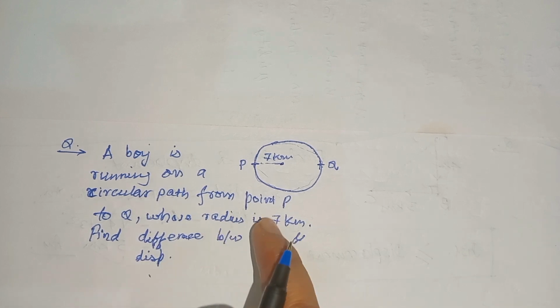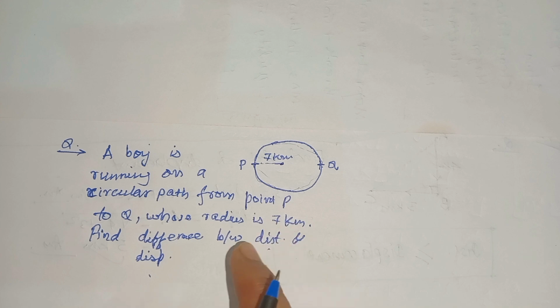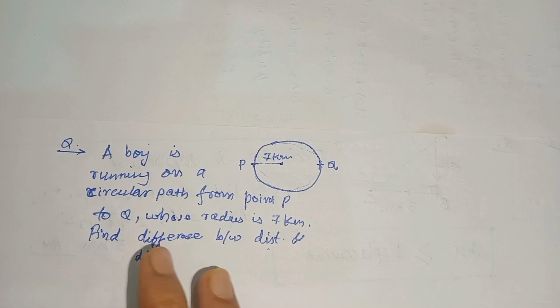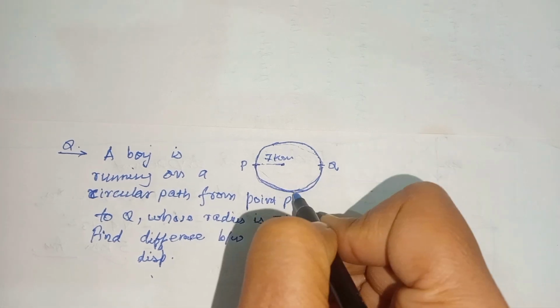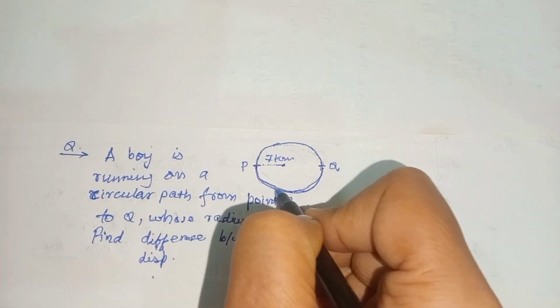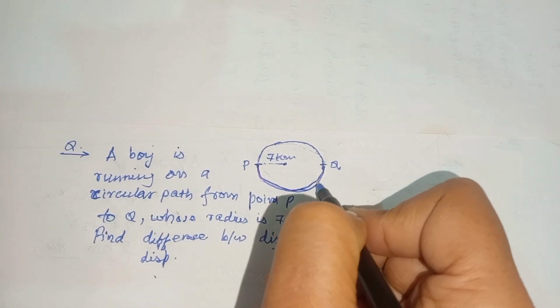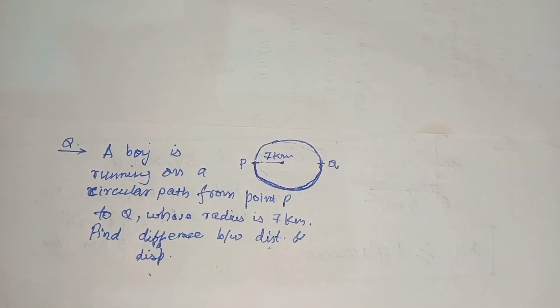Clearly, if anyone does not know the difference between distance and displacement, they will say it will be 0, but it is not 0. Here we will solve it. This is the distance covered, the total length of the path the boy is covering.